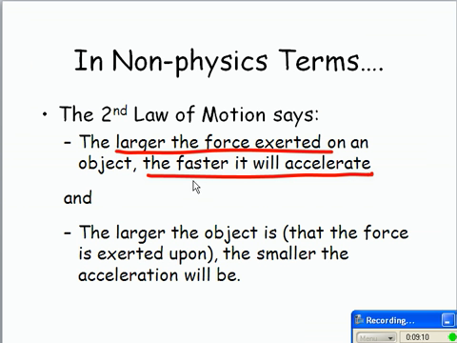And then the other portion of the law is that the larger the object is that you're exerting a force on, the smaller the acceleration will be. And here we're talking about the mass of the object, how much substance there is. So if you push, say with a force of 100 newtons on a very large object, it's not going to accelerate as much as if you pushed with the same force on a much smaller object.